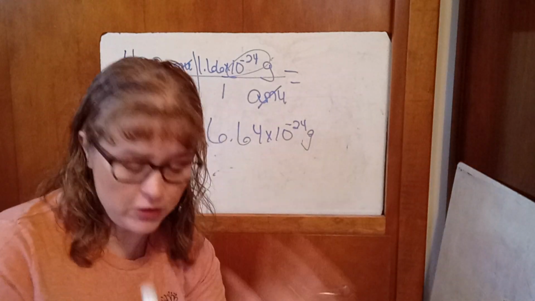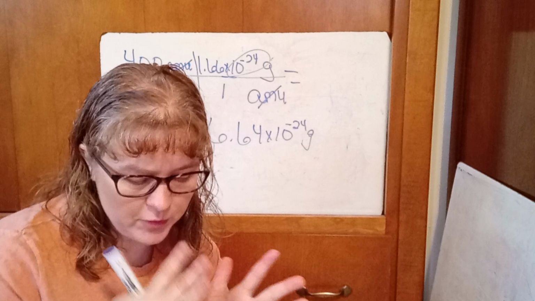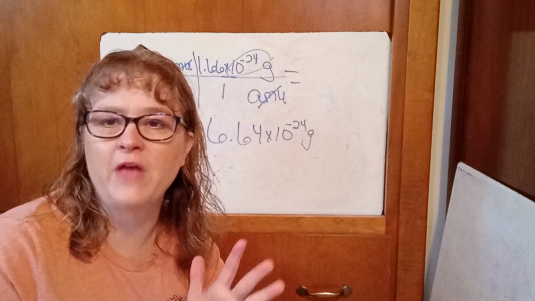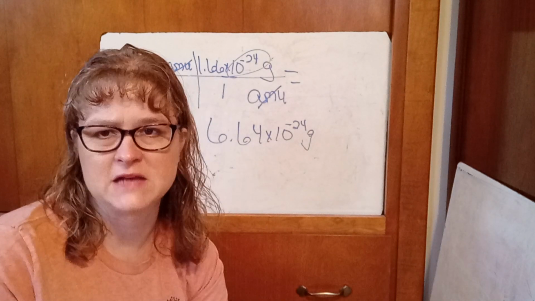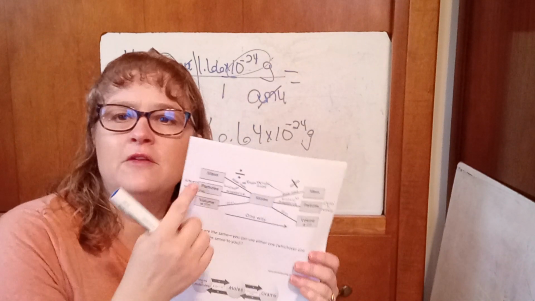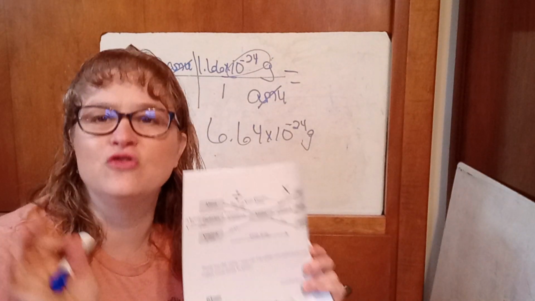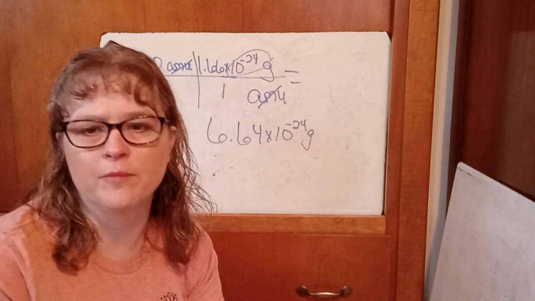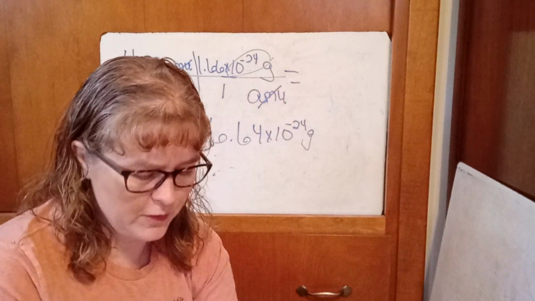That can feel a little confusing. But that number is the number of grams you need to collect to have a mole of those atoms. That's the molar mass. So remember on our little cheat sheets I handed you, it talks about molar mass. It's just the number under the symbol on the periodic table.